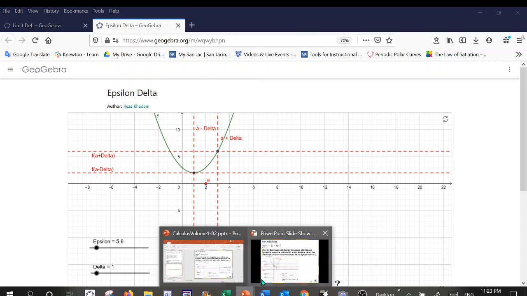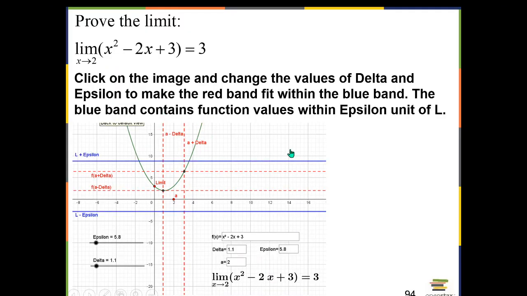So you can play with that, and for different values, over here you see the band that I wanted to show you. You see, this is L plus epsilon, the blue one, and this is L minus epsilon. So if I pick epsilon to be 5.8 and delta to be 1.1, right? Does that work? Yes, right? That works. Why?